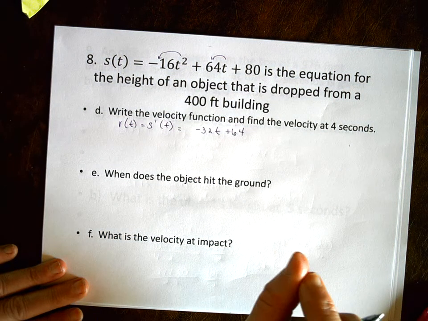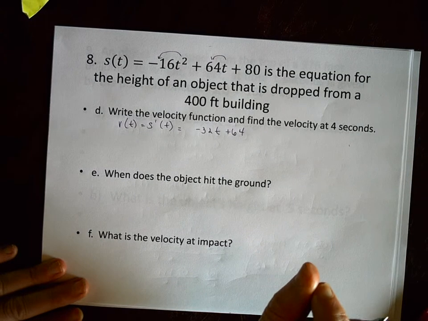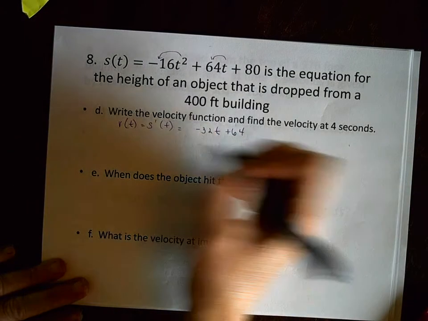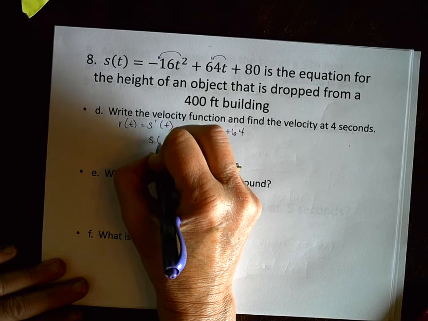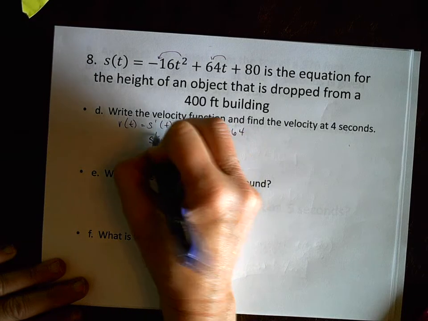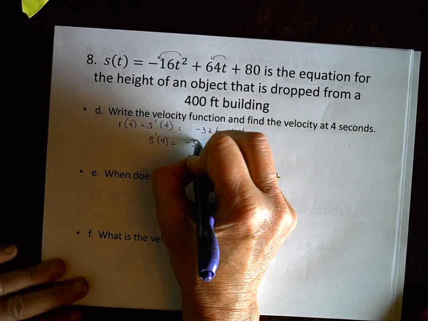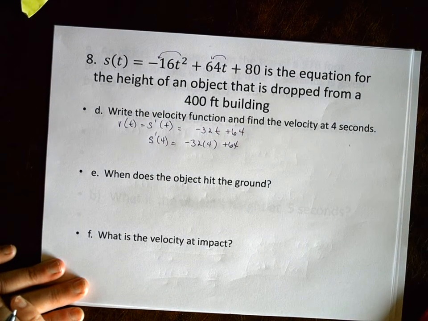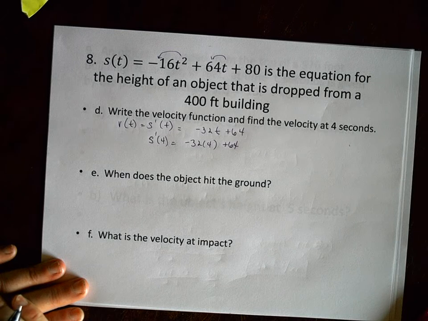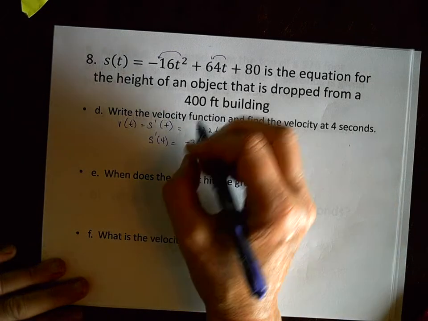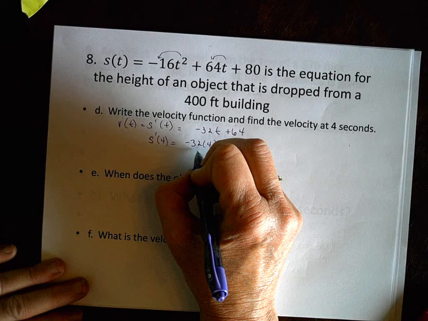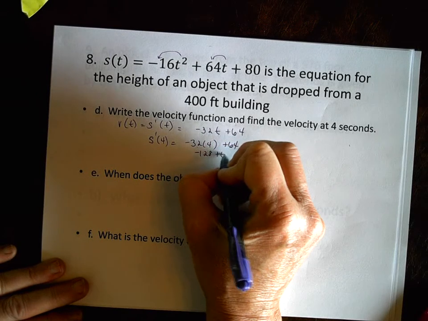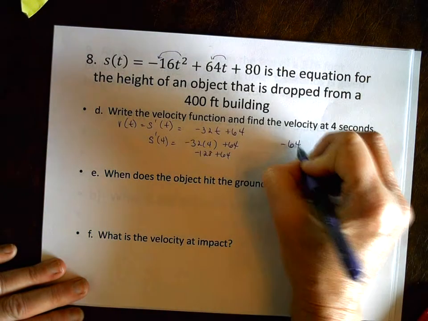Now, can you really find the velocity at a moment of time? Pretty hard. But we can kind of approximate it. So at 4 seconds, it would be negative 32 times 4 plus 64. And that is a total of negative 128 plus 64, which is negative 64 feet per second.